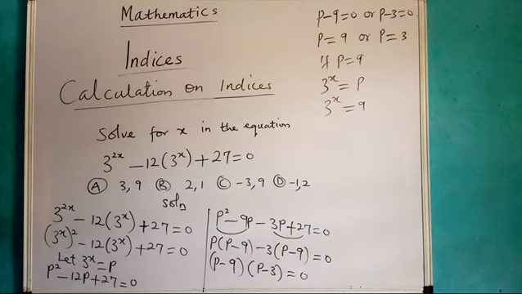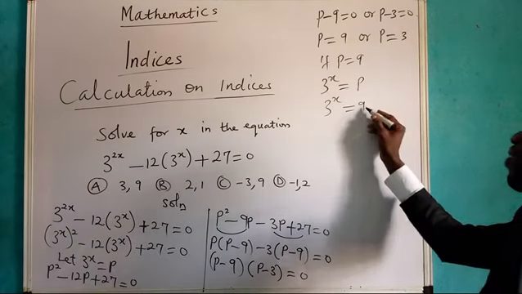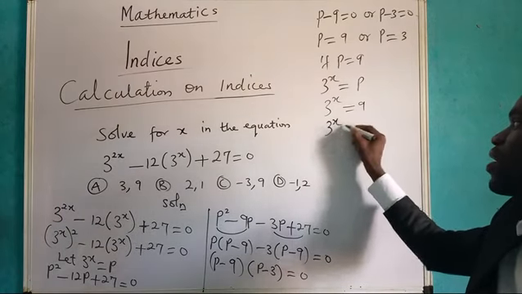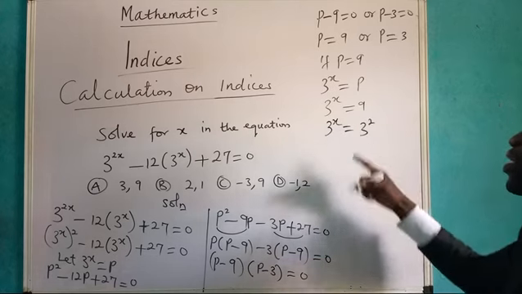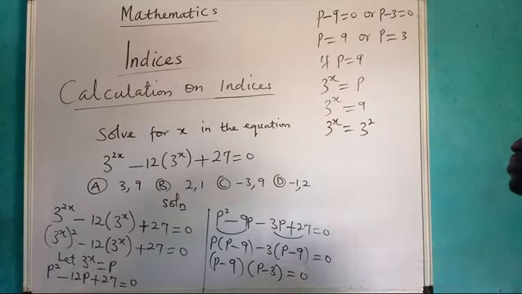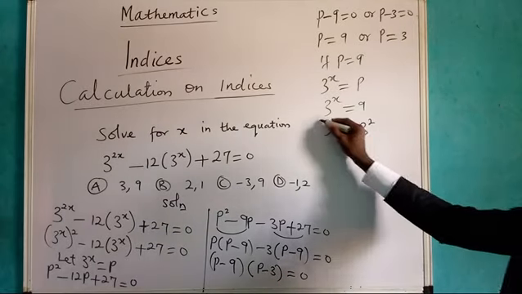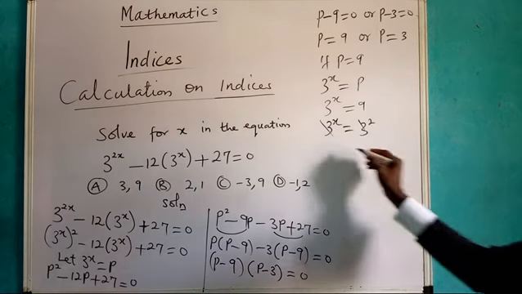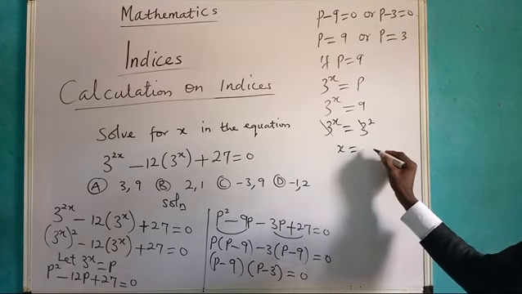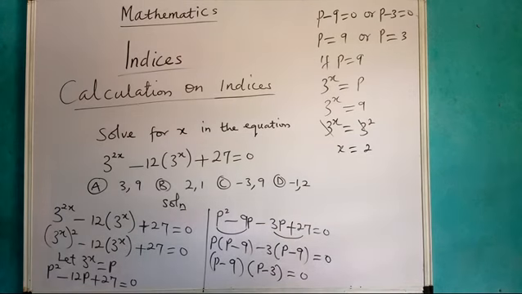Now we have different bases on both sides. I need to equalize the base. I will reduce this 9 to 3 power 2, so that we now have an equal base. It means that we can eliminate the base, since we have the same base, and we are left with the indices. That is x equals 2.